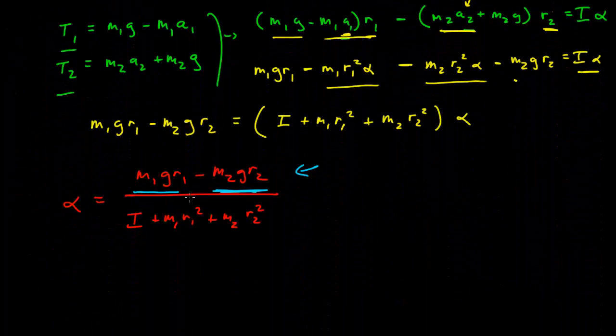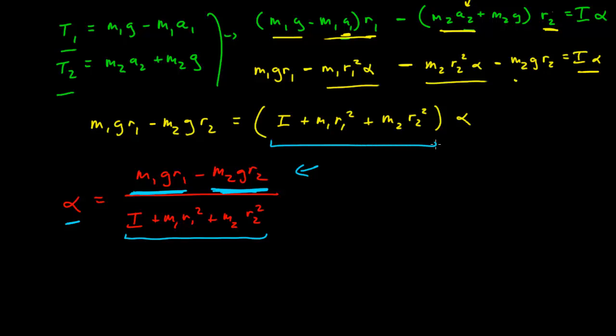And so that makes sense. So the difference between the torque that mass 1 is applying and the torque that mass 2 is applying is going to lead to the angular acceleration. And so this denominator then is essentially the resistance to that net torque. So this is the resulting net torque of the problem, the torque of mass 1 minus the torque of mass 2.